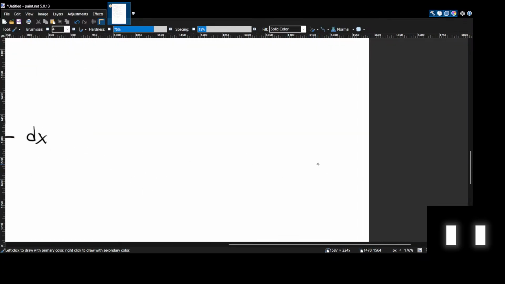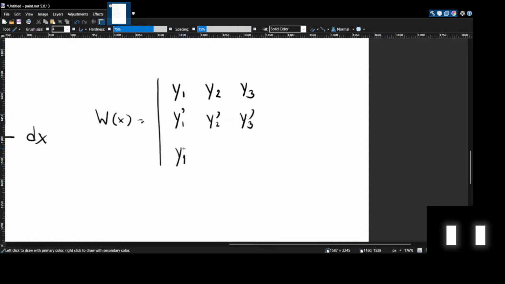Basically, the Wronskian is the determinant of this matrix: y1, y2, y3, y1 primed, y2 primed, y3 primed, y1 double primed, y2 double primed, and y3 double primed.